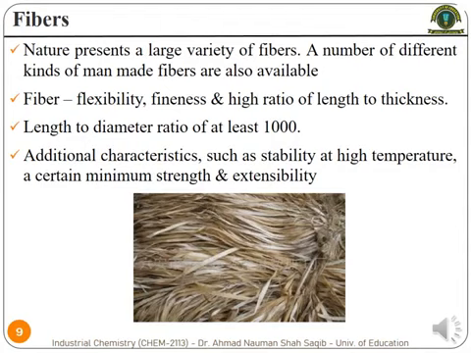Besides the length to diameter ratio, there are some other characteristics required for textile fibers depending on where we are using that particular textile product. For example, in certain cases higher stability is required at higher temperatures, depending on where we are using the fiber.